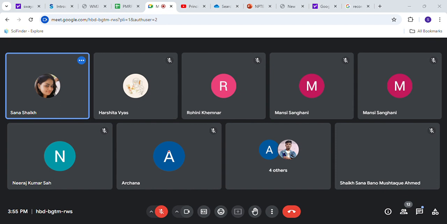Now the next reagent is H2O2 and acetic acid. H2O2 and acetic acid is used for the olefin reaction, but it will give a product like I show here, this is the olefin, with OH and OH.